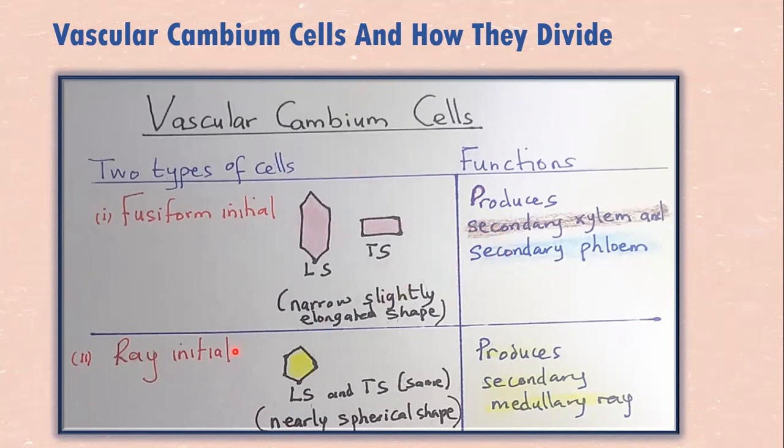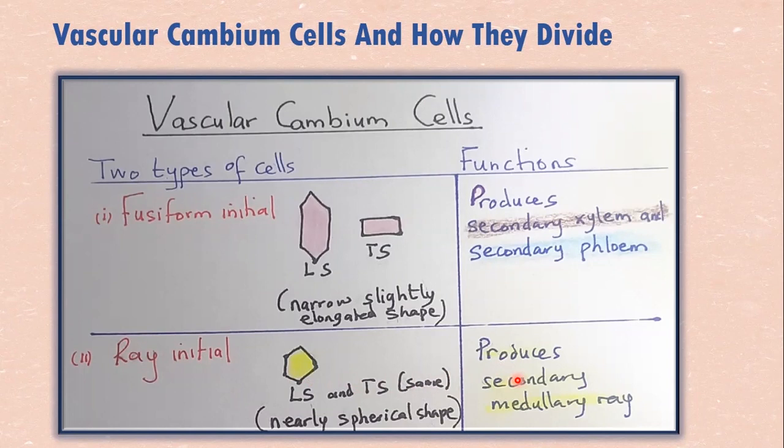And then there's also another type of meristem called ray initial, also in the vascular cambium. The LS is nearly spherical, just like the TS, and that is what divides to produce the secondary medullary ray. How these divisions go on is what we are going to look at.